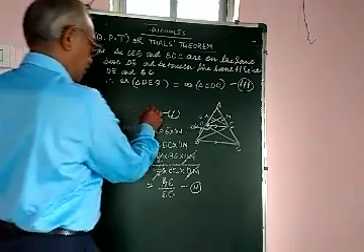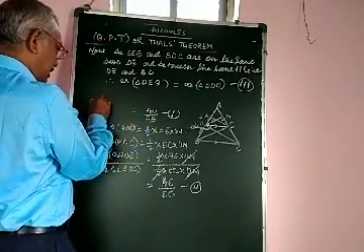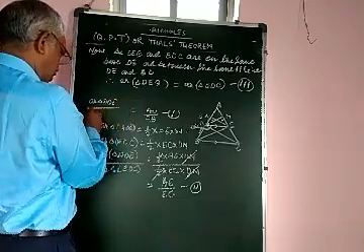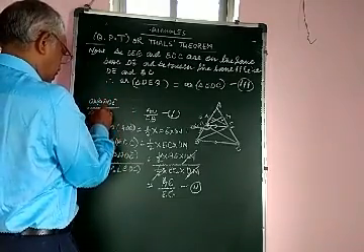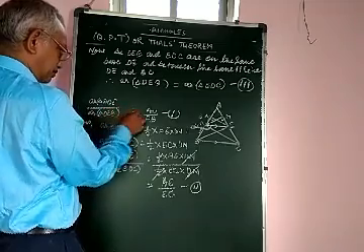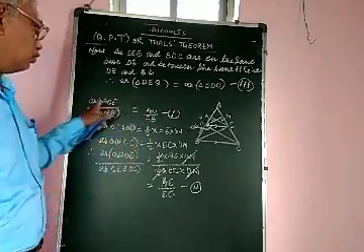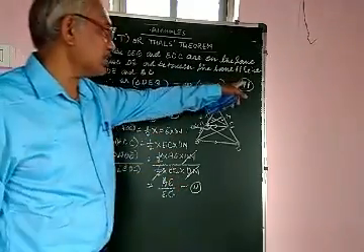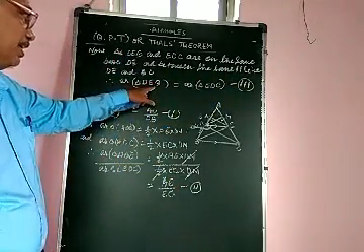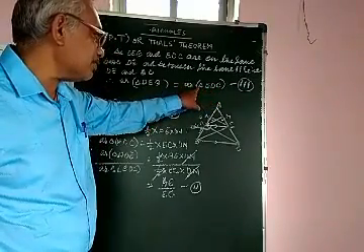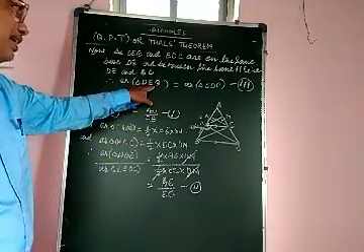Here is area of triangle ADE, here is area of triangle DEB. Now this is equation 1, this is equation 2, and this is equation 3. So DEB is replaced by EDC, or area of triangle EDC is replaced by DEB.